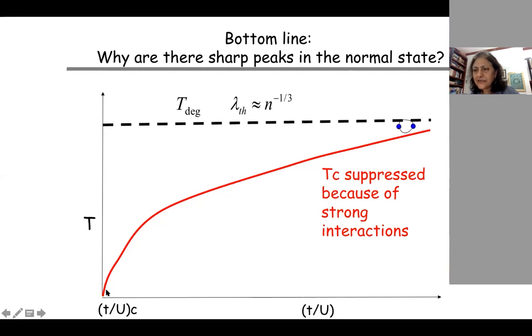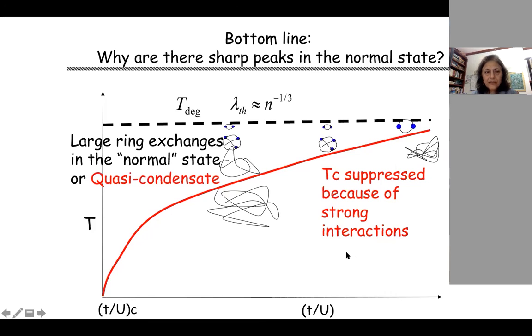These are all sketches here, but as I showed you, we have all these numerical simulations for that. Now you see Tc is getting suppressed because of strong interactions. That is what is suppressing Tc. This little cartoon here is supposed to show that below Tc, you have all the bosons exchanging.